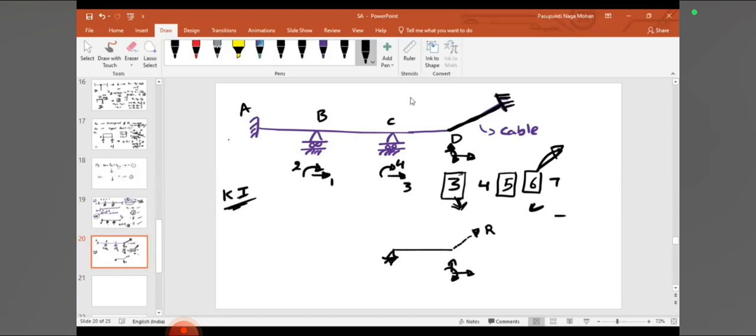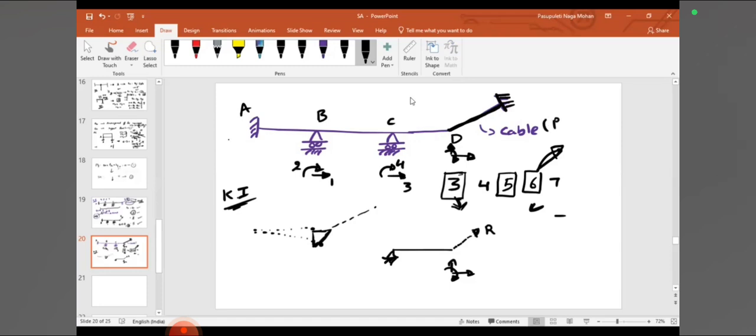Let us say this is point D. Imagine the member is deflecting somewhere like this. Here I'm exaggerating so that you guys can understand. So there is a vertical deflection, a horizontal deflection, and also some inclined deflection if you want to represent it along the direction of the cable.